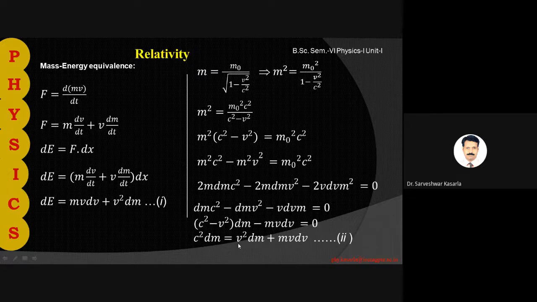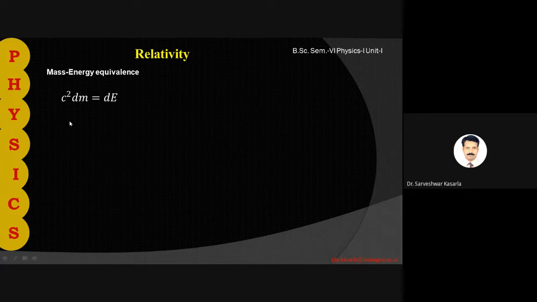Now if you observe equation number 2 and equation number 1, the right hand side of both the equations is v square dm plus mv dv, the same. So therefore the left hand sides must be equal, so dE must be equal to c square dm.